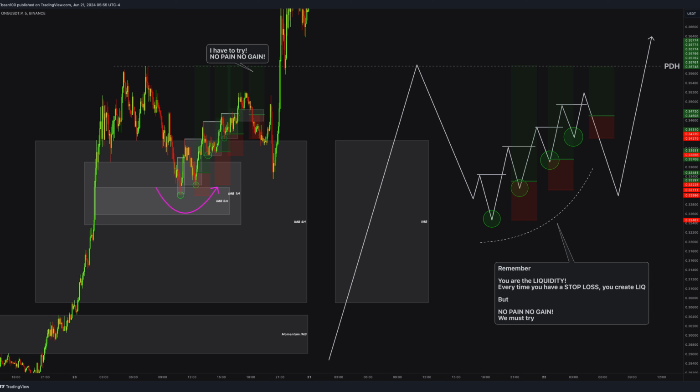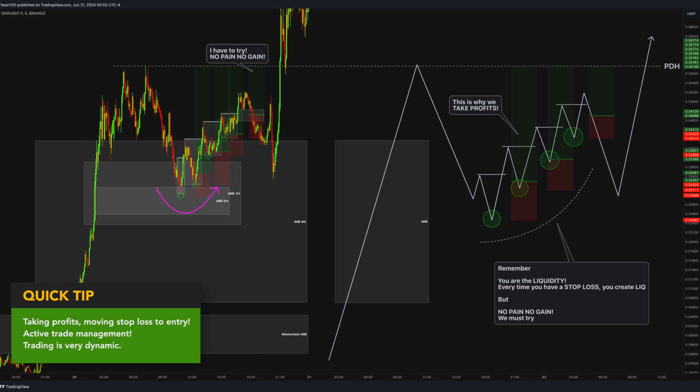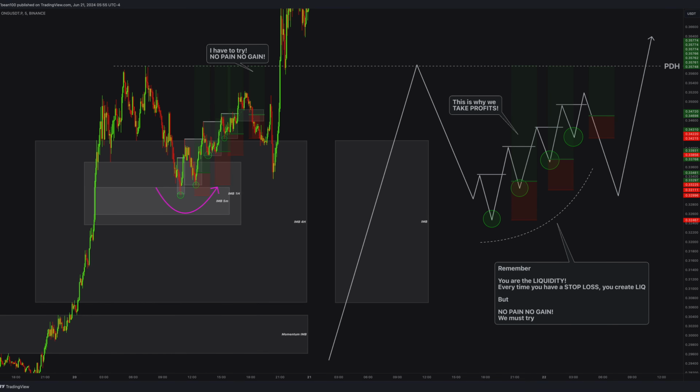This is exactly why we try to take profits at some points or move stop losses to break-even points. We must actively manage our trades. Trading is not investing. When you invest, you place your money and come back years later to see the results. But in trading, you must be active and adapt quickly.